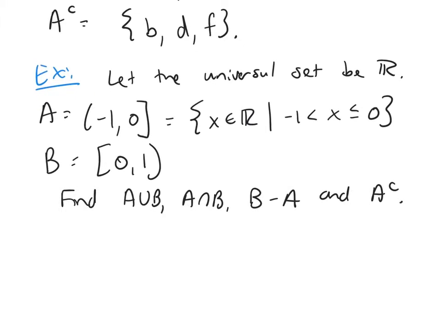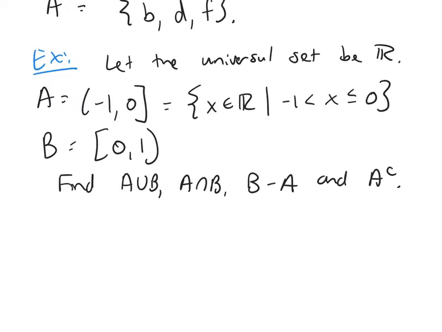So what's nice about working with intervals is that you can represent them with pictures. So let's do that. Let's look at a number line and let's draw the interval A. So -1 to 0. We don't want to include -1, open circle. Everything between -1 and 0, and you do want to include 0.